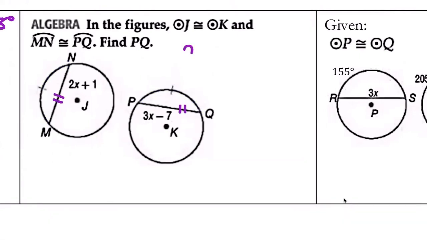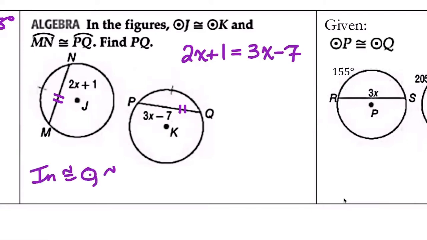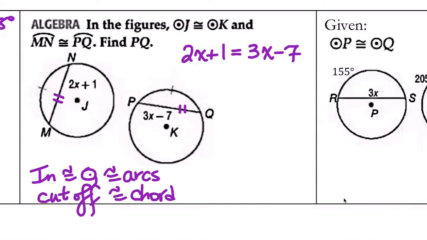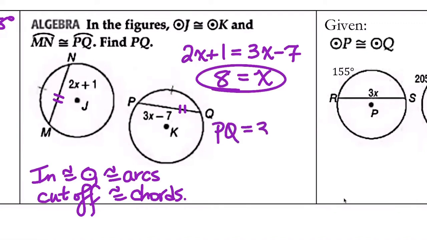So 2x plus 1 is equal to 3x minus 7, and that is because in congruent circles, congruent arcs cut off congruent chords. X equals 8, and then we're looking for PQ, so PQ is going to be 3 times 8 minus 7, which is 17.